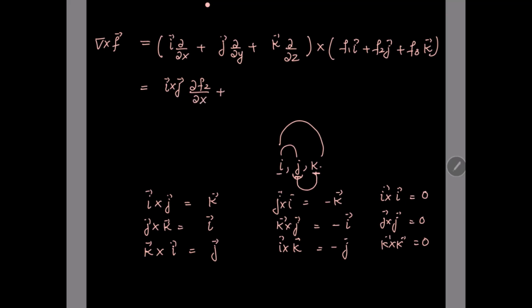Then with the third I will take. With the first it vanishes. I take the cross product with the second and the third one because i is present over here. So this will be i cross j now, sorry, i cross k. So this is ∂f3/∂x.